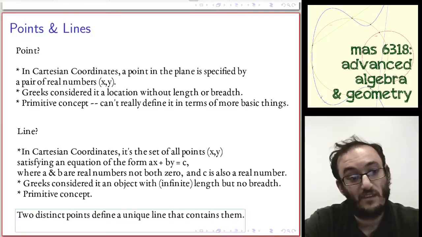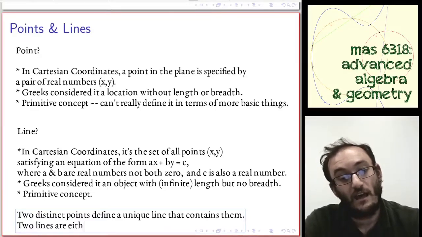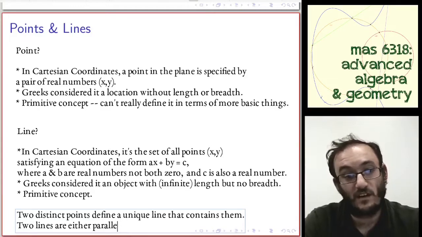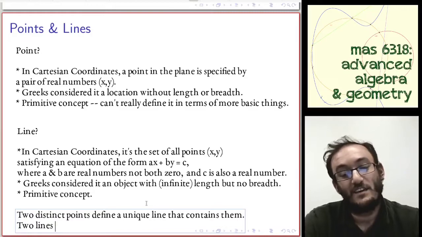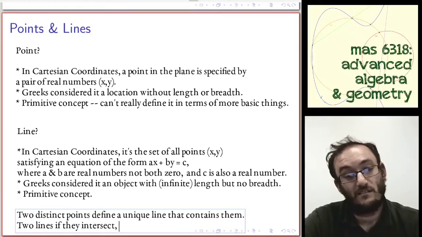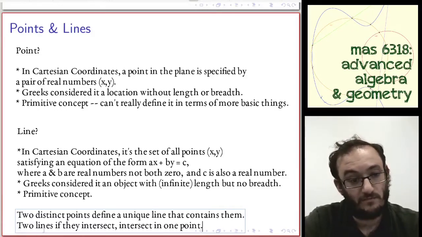And two lines are either parallel, and let's hold off on defining that actually. So two lines, if they intersect, intersect in one point.